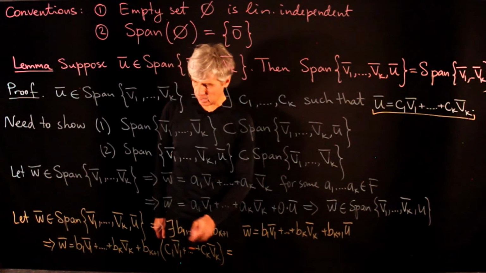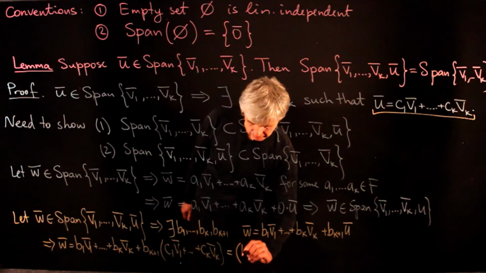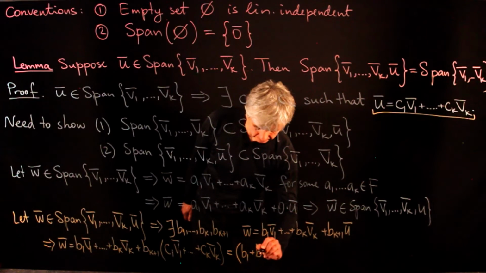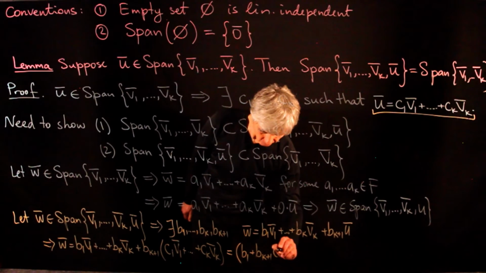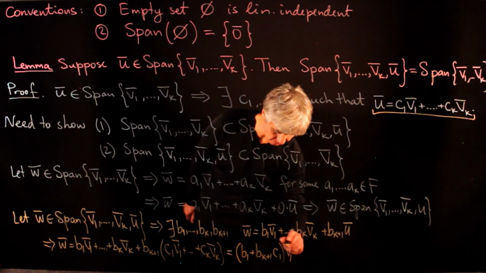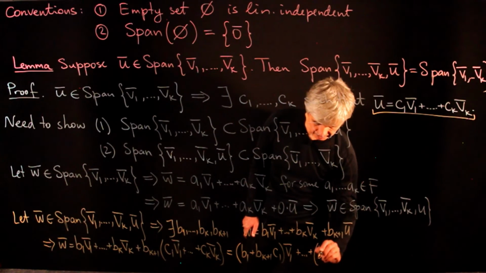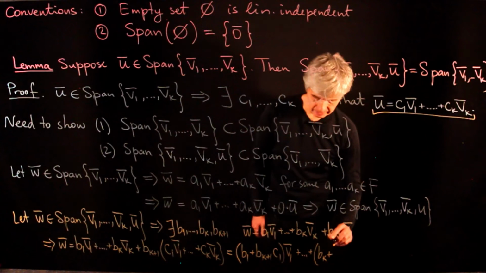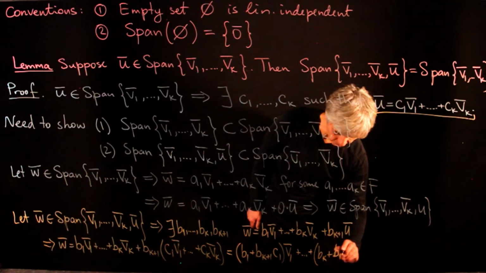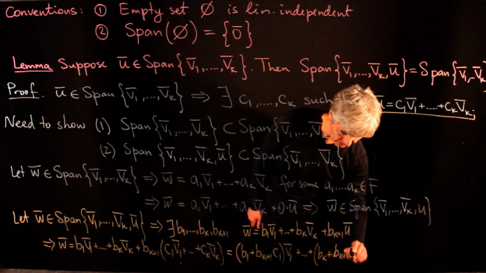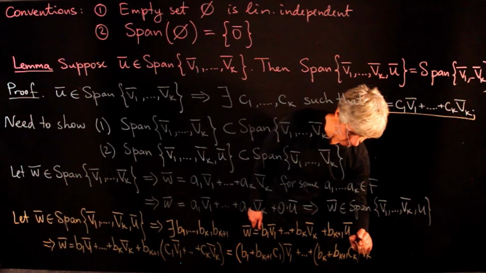And now this can be written as b1 plus bk plus 1 c1 times v1 plus bk plus bk plus 1 times ck times vk.